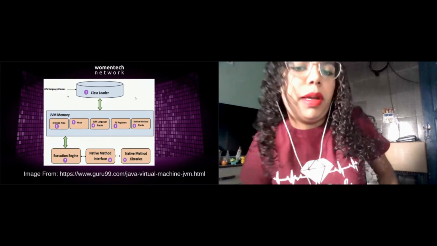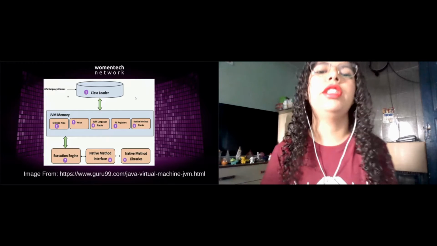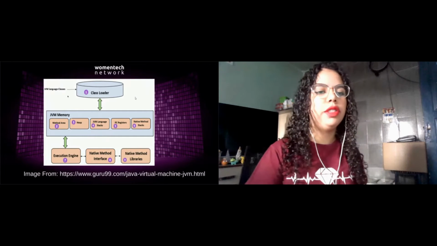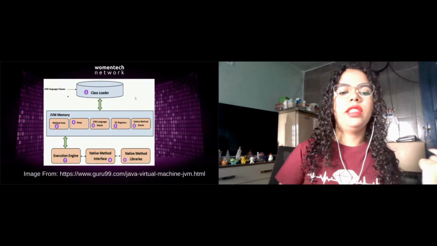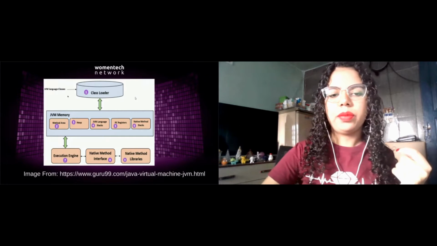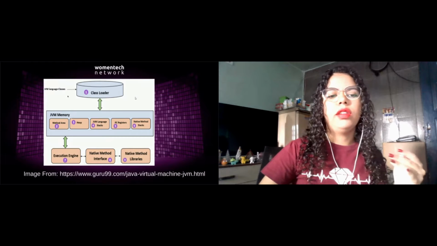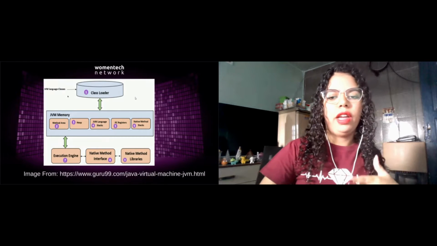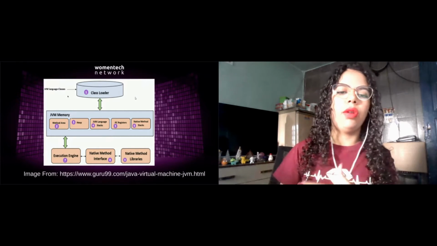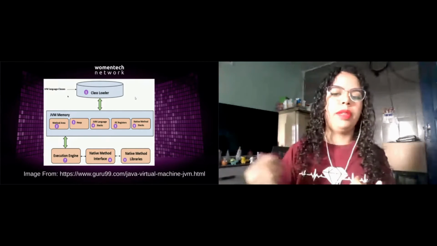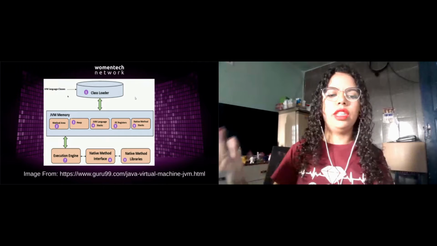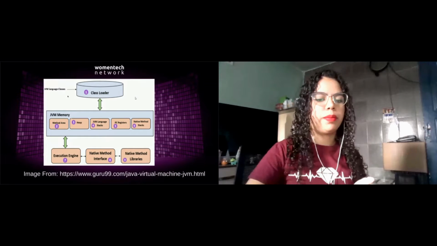First, let's talk about the class loader. The class loader is responsible for three activities in the JVM: loading, linking, and initialization. When you compile a Java file, it is converted into bytecode, a .class file, and to use this class in your application, the class loader loads it into main memory.